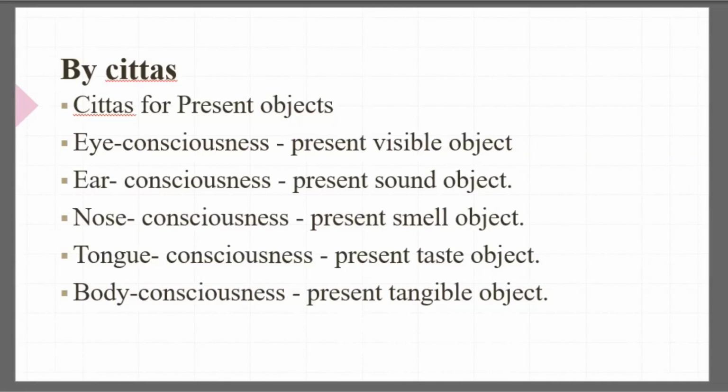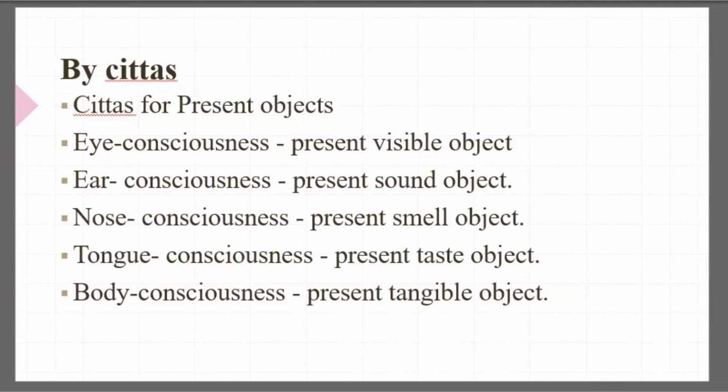At that time, the knowing of the taste is called tongue consciousness. Many Cittas arise, as we will learn later with the cognitive process. The Cittas that take the taste object are called tongue consciousness. Tongue consciousness can take only a present taste object. For example, when we are eating something, at that time we feel the taste.